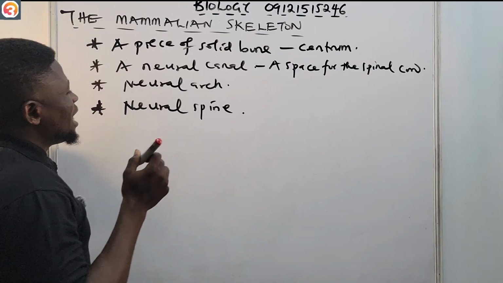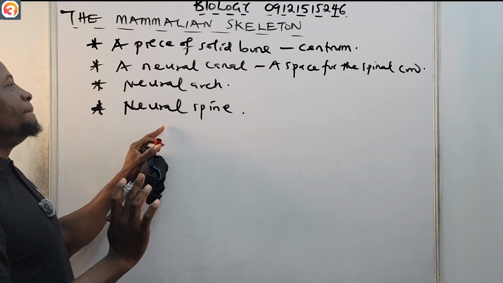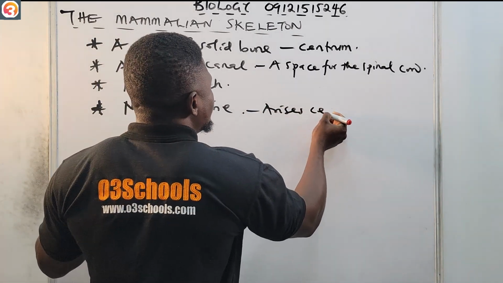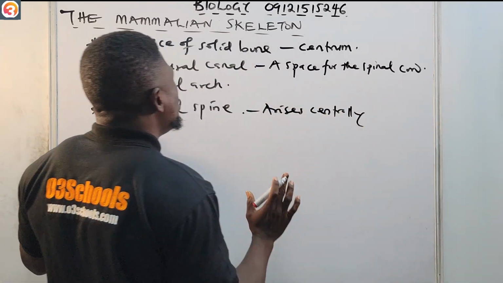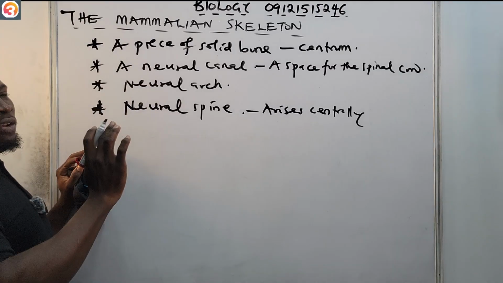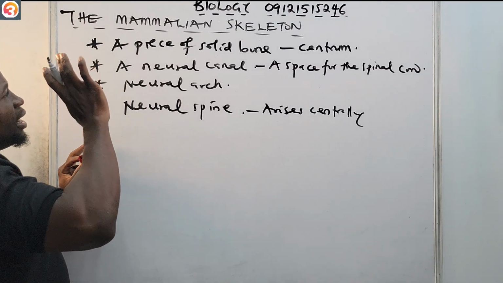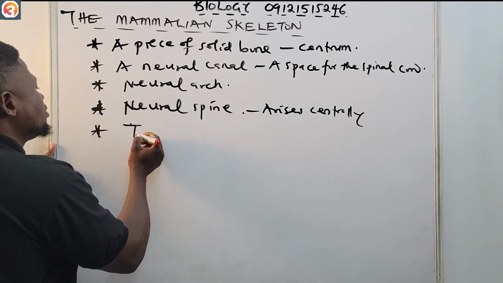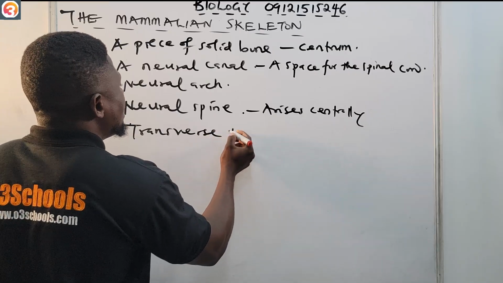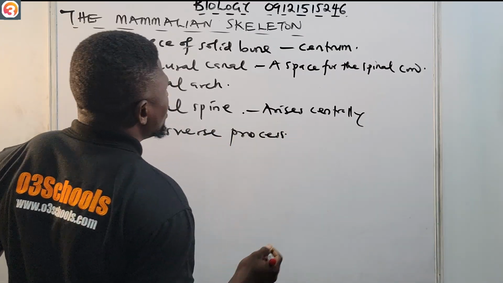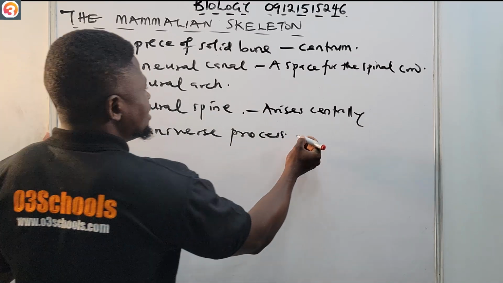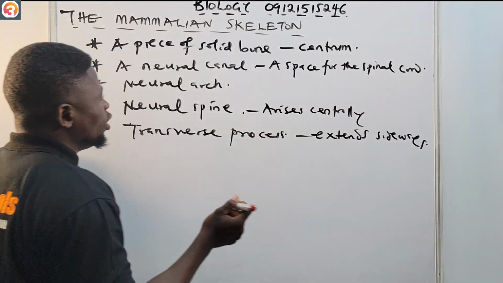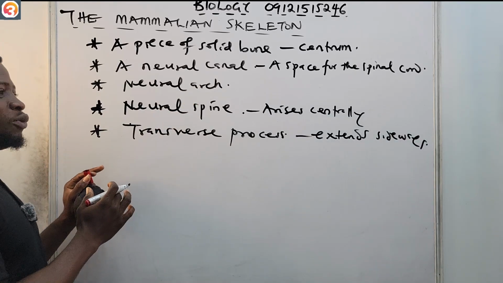This neural spine arises centrally and points upwards from the neural arc. The vertebra also consists of a transverse process, number 5, which extends sideways from the arc.